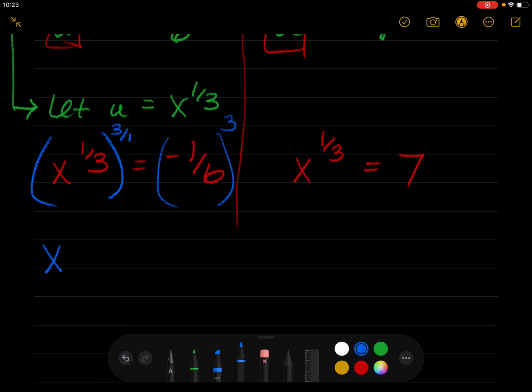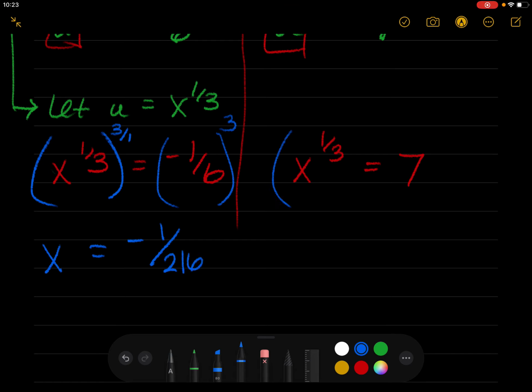That's going to give me x is equal to negative, let's see, 6 to the 3rd. Six raised to the 3rd power gives me 216. Keep in mind this was negative. I didn't put negative in on my calculator, but if you're going to do it, make sure that you have that negative sign. 1 over 216.